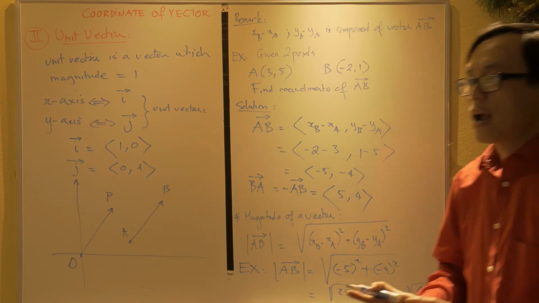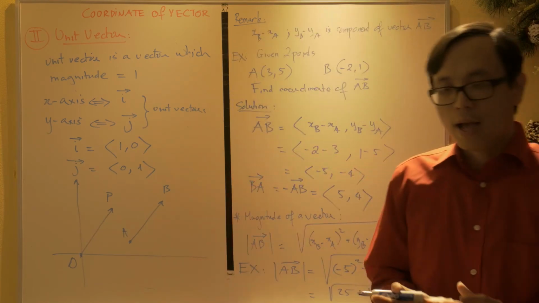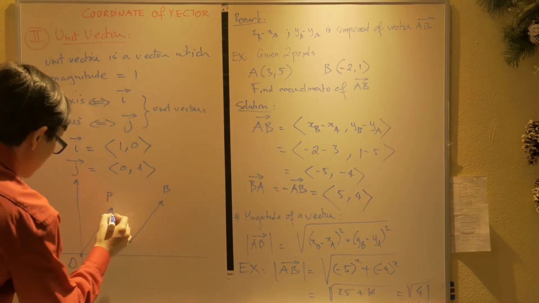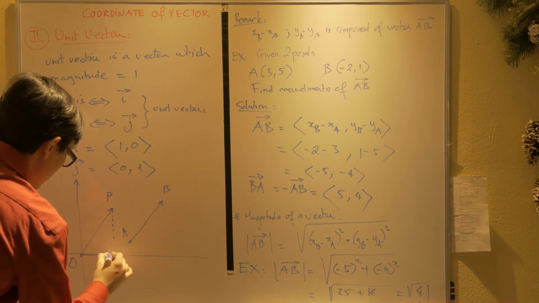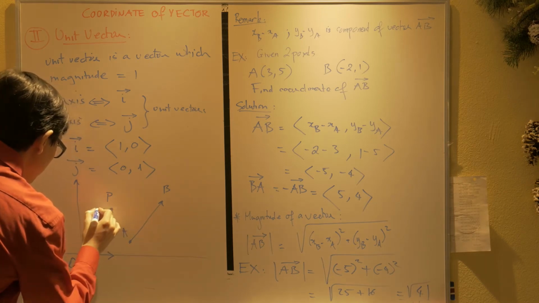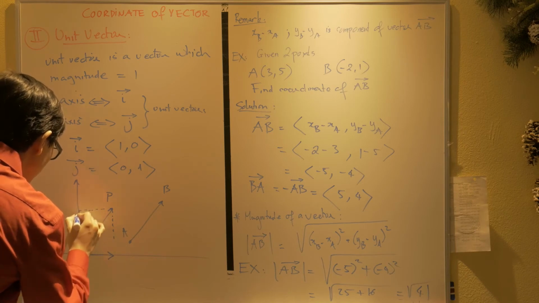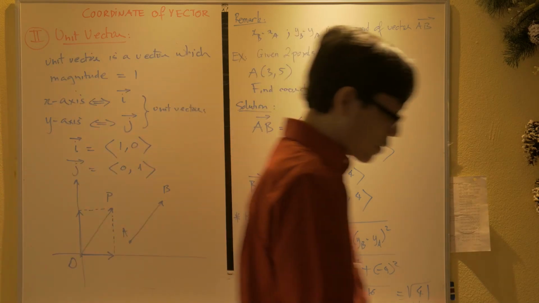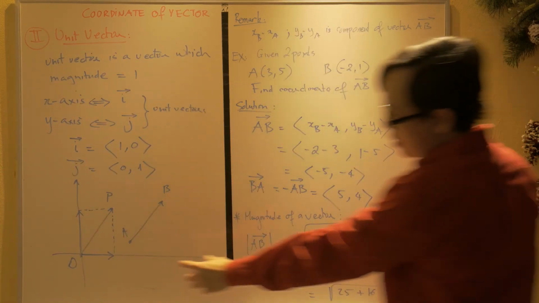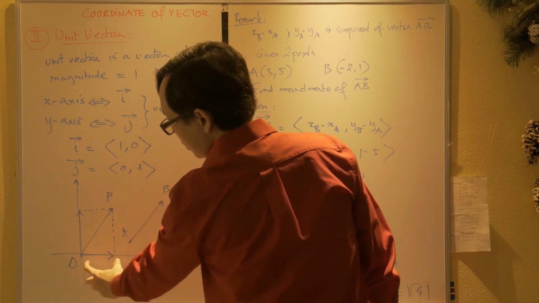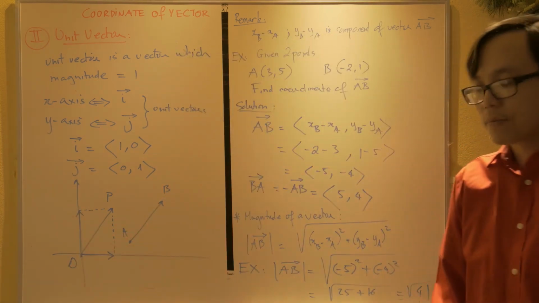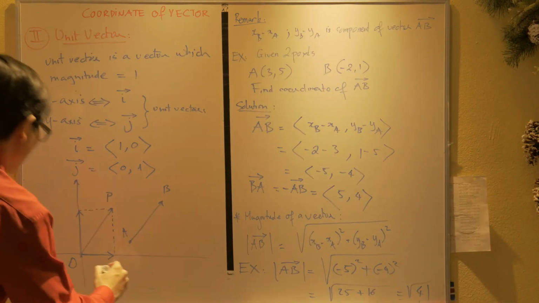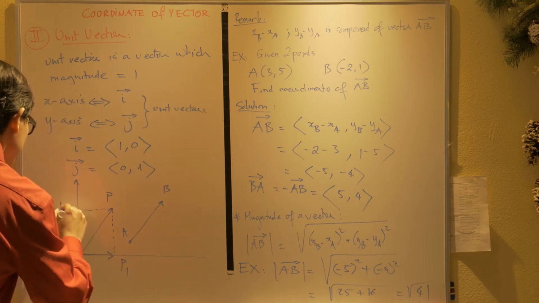You will see that if I apply the parallelogram method of adding vectors, I can split vector OP into two vectors. I split it into this vector and also into this vector. Let me name these OP1 and OP2.